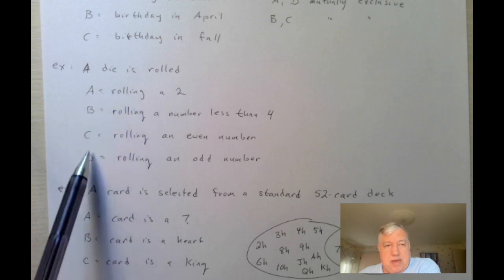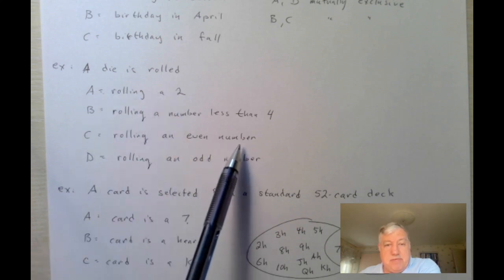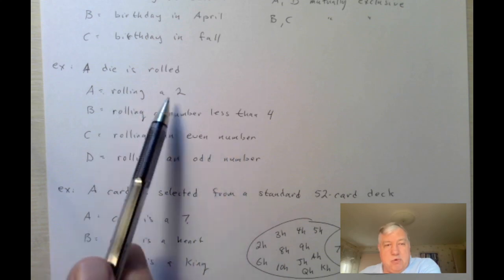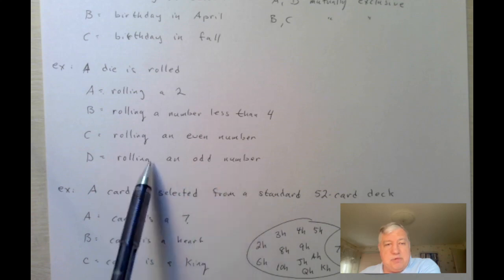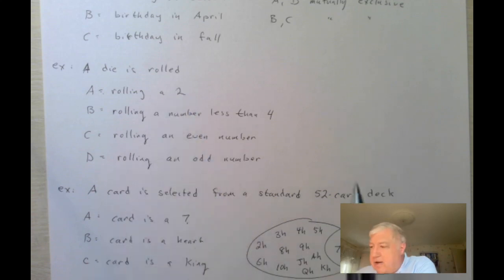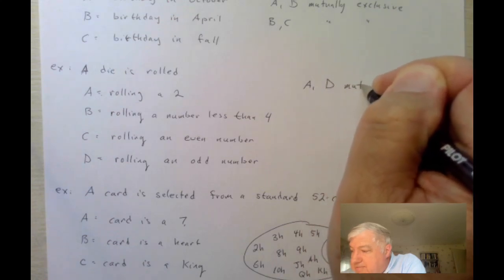Same thing, rolling a 2 is not mutually exclusive to rolling an even number, but rolling a 2 is mutually exclusive to rolling an odd number, right? Because 2 is not odd. So we can see that A and D are mutually exclusive.